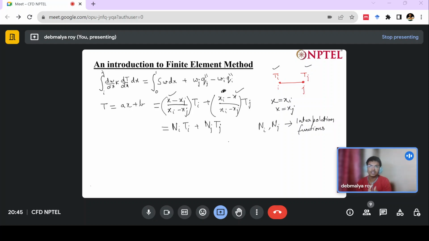What helps us find that out is N. We can write this in a fancy way as a matrix notation, and if you do the matrix multiplication, you essentially get the previous term. Why we are writing it like this will become very clear to you.